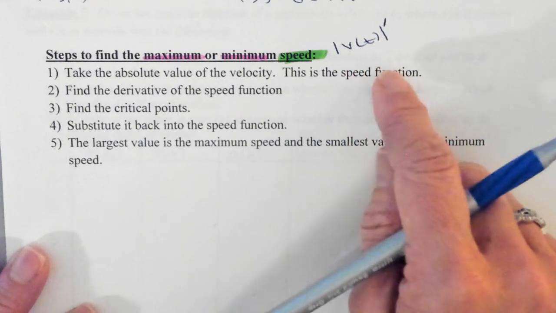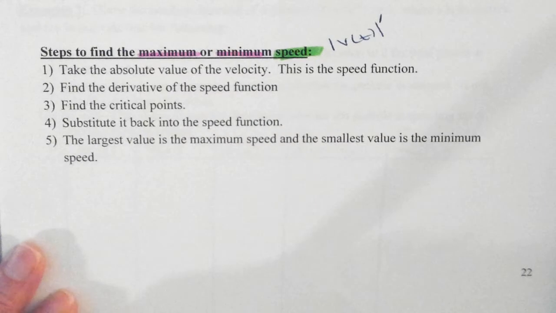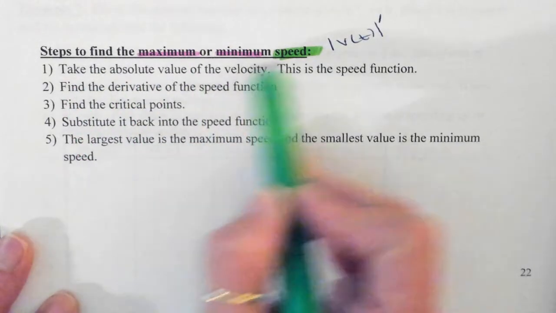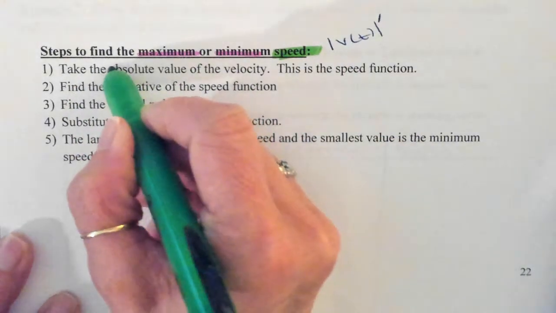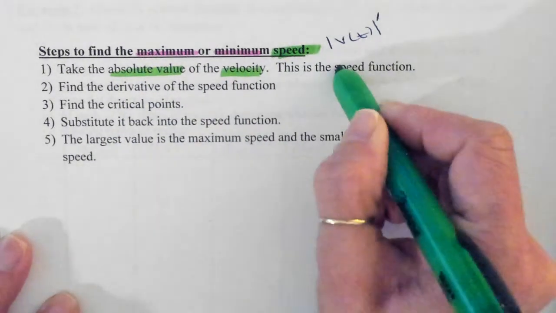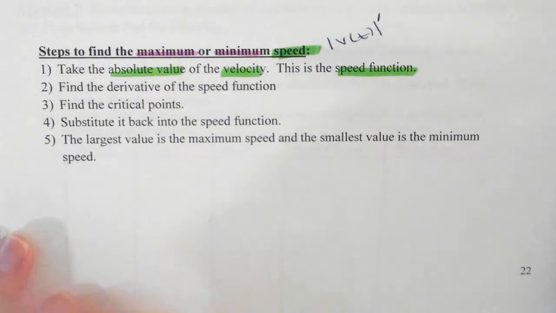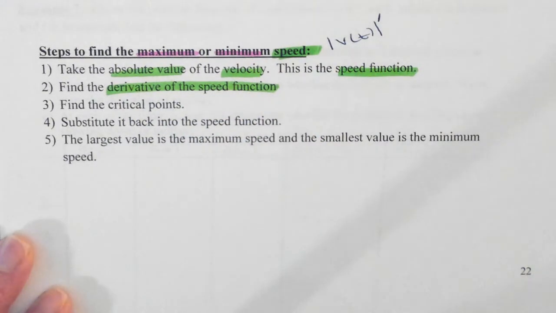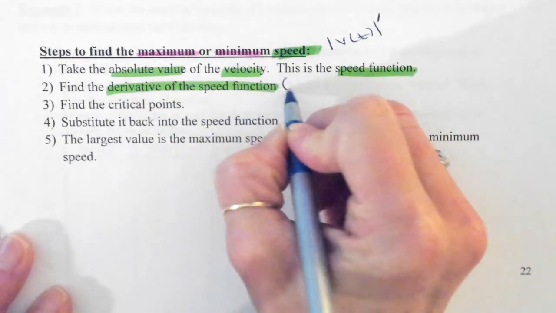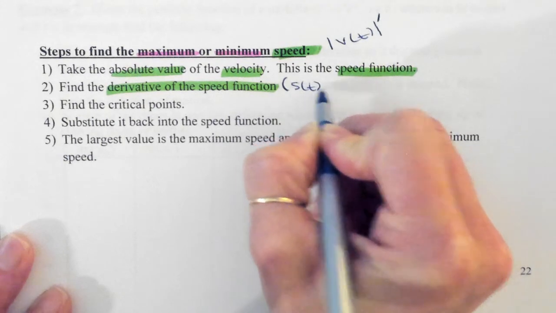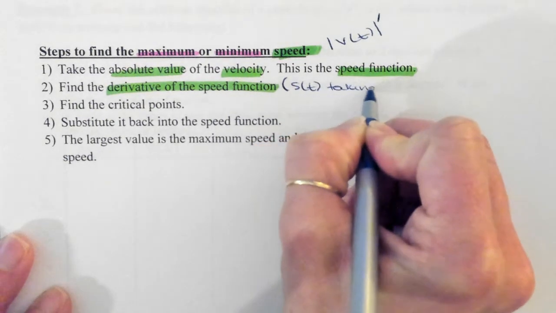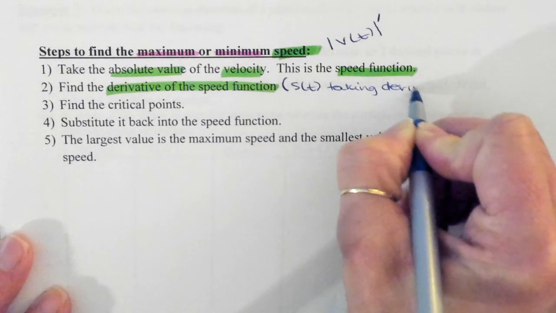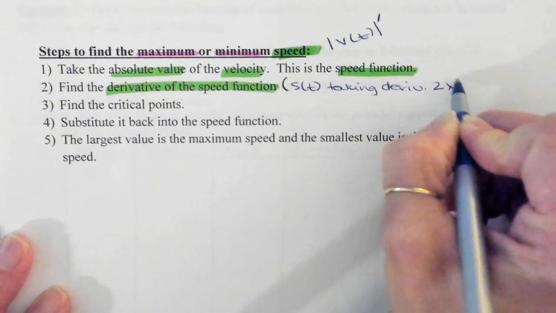It's going to be okay, I promise. So here it says take the absolute value of velocity. This is our speed function. Then we have to find the derivative of the speed function. So really what you're doing from your position is taking the derivative twice. That's shorthand.